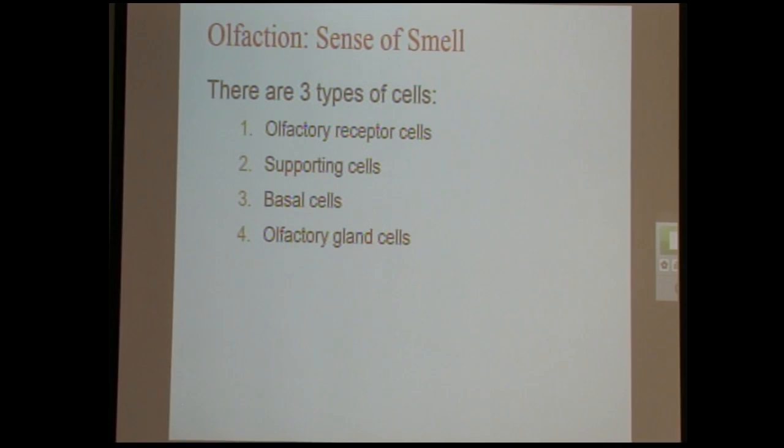But the receptor cells receive the signals. Supporting cells just hold everything in place. And then the basal cells replace those dead receptor cells. Because you'll see this with taste too. All these receptor cells get exposed to everything, so they don't live very long. So they're constantly being replaced.